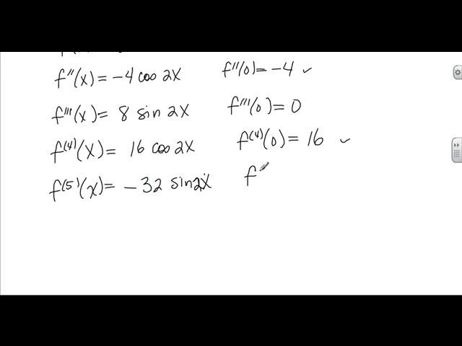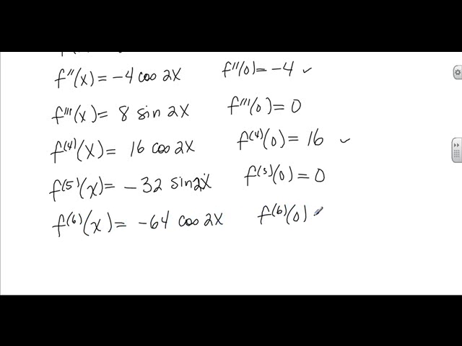Evaluated at 0, that is 0. All the ones that are sine are 0, and all the ones that are cosine have some other value. So the sixth derivative would be negative 64 cosine of 2x, and that derivative evaluated at 0 is negative 64.